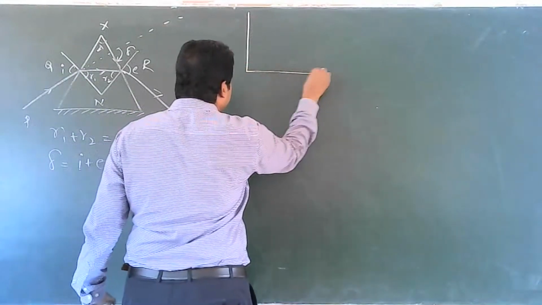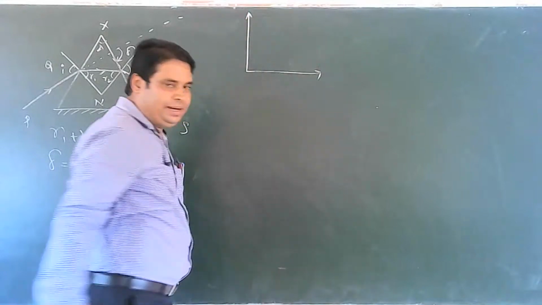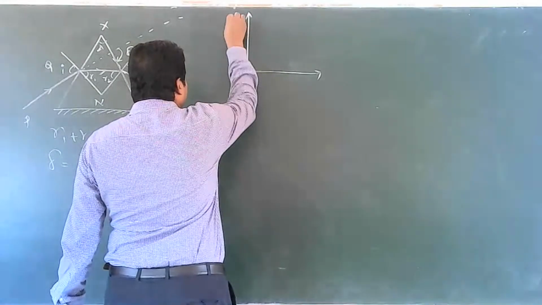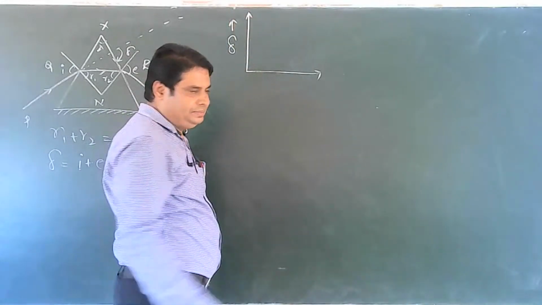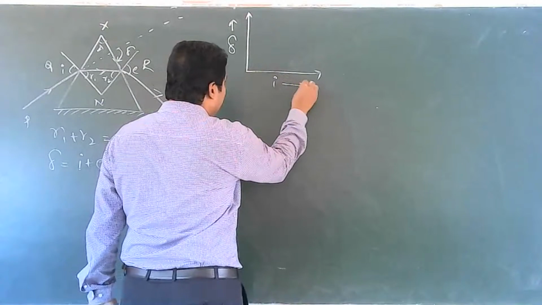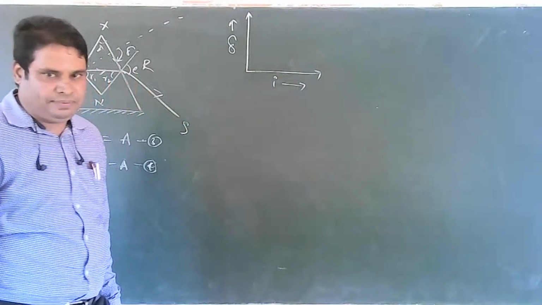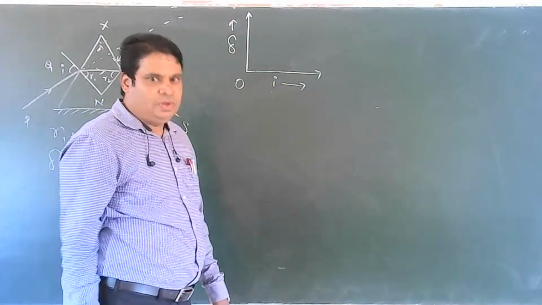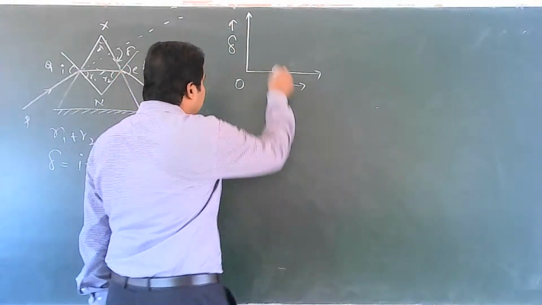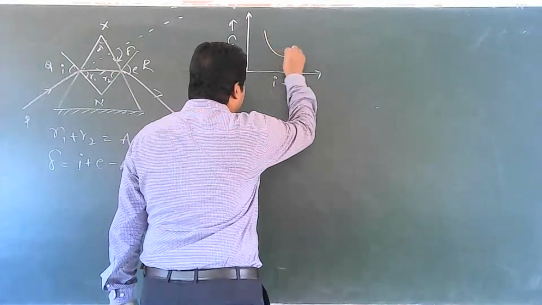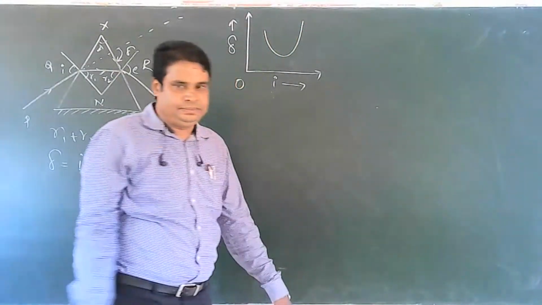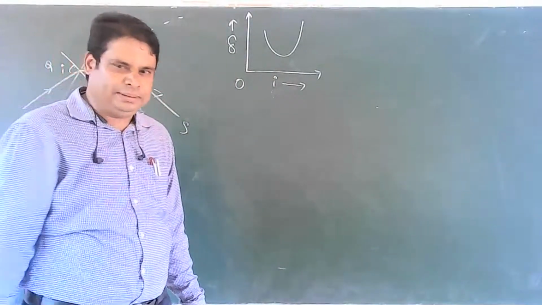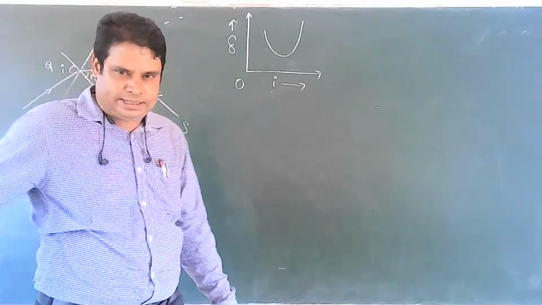If we draw a graph of deviation versus angle of incidence, or angle of incidence versus deviation, what do we observe? We observe a graph of somewhat this kind, like the English letter U, somewhat U-like, not exactly.